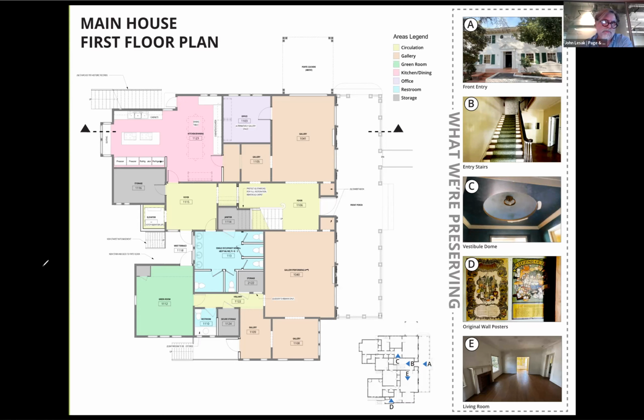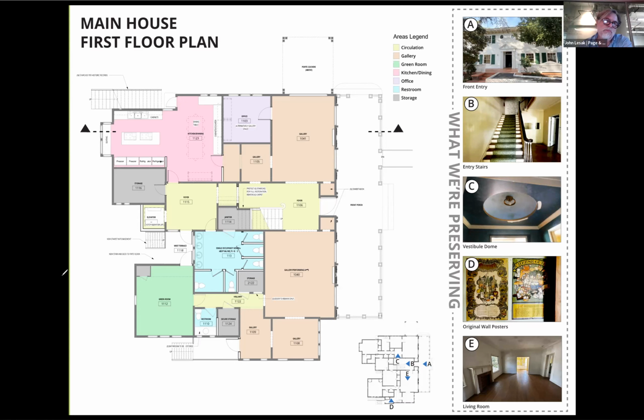There's also a number of smaller rooms that would be converted into gallery space. On the south side, there's a kitchen dining room, which there's actually not much integrity or much fabric left of it. That would be gallery space. And then on the north side, there's a small vestibule, which is, the picture of it is picture C. It's a really charming little space with a dome in the ceiling. That will be part of the gallery space.